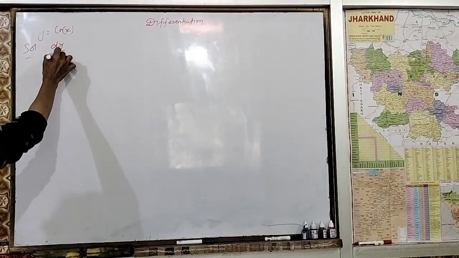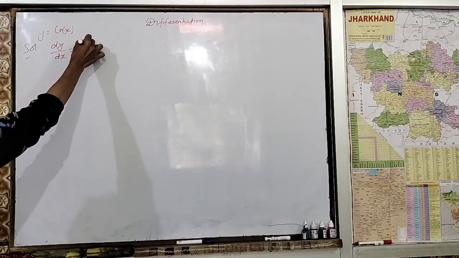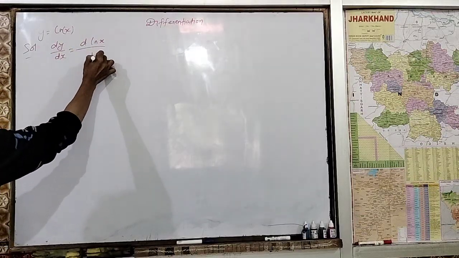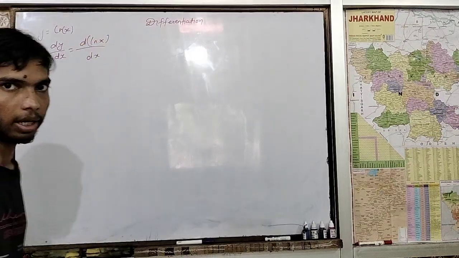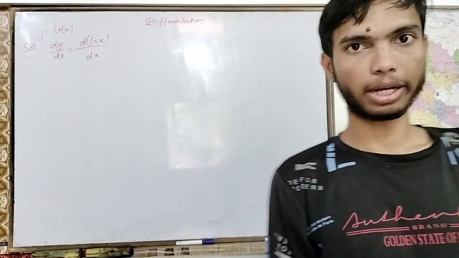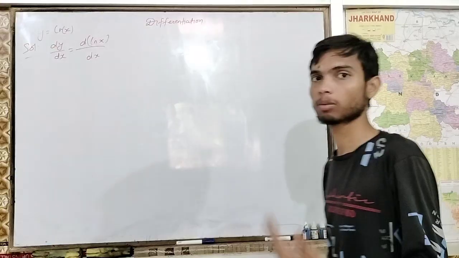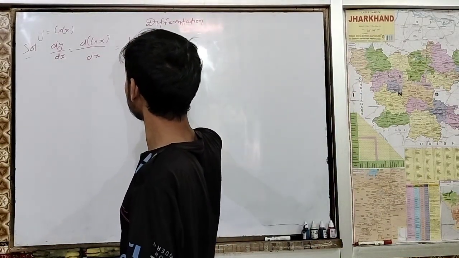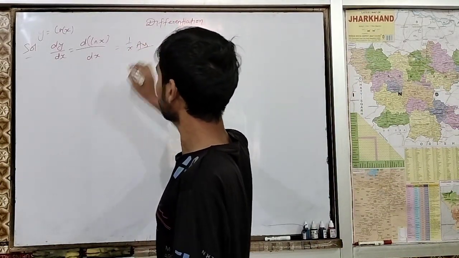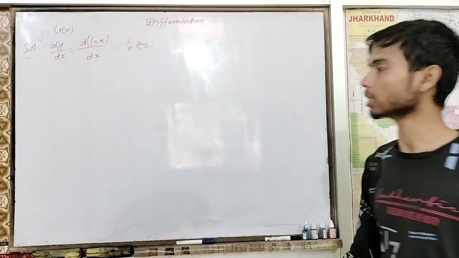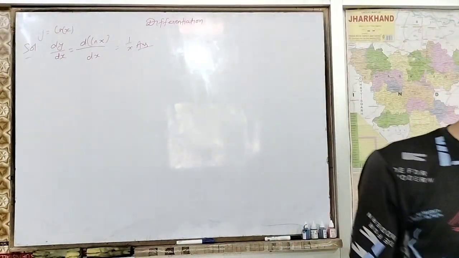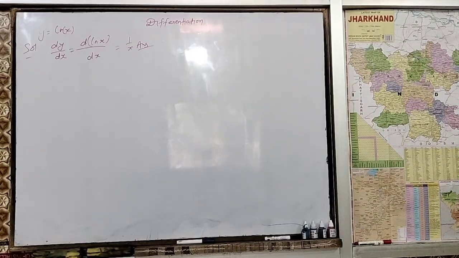Just dy upon dx, and here we are differentiating ln x. Remember, differentiation of ln x will be nothing but just 1 upon x. Just 1 upon x. Clear? 1 upon x, just a reciprocal of x.